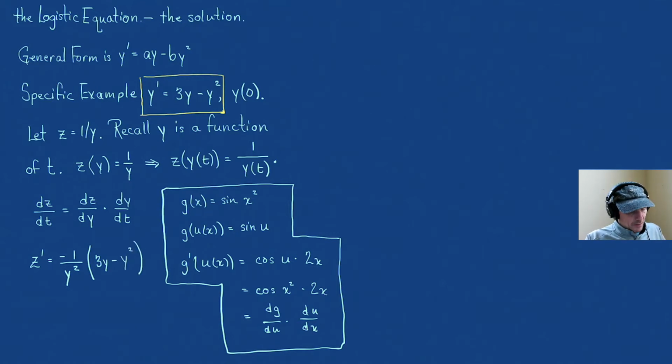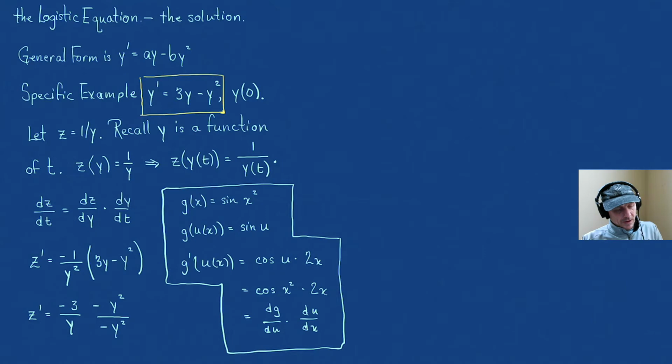Okay, so let's multiply this out. Now I have z prime equals minus 3 over y, and then distributing through, I have a minus y squared over a minus y squared.